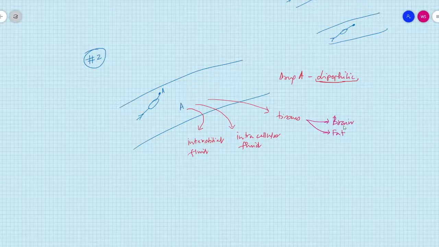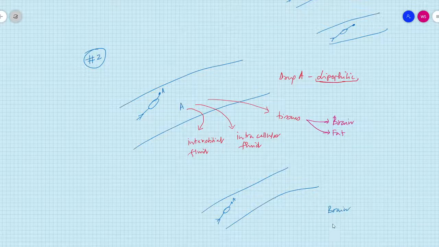It dissolves in the fat because it's lipophilic. So now what happens? The free drug has reached and is now present in the brain and the fat, but it has moved away from the blood.